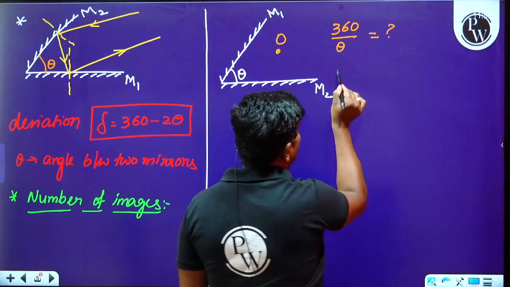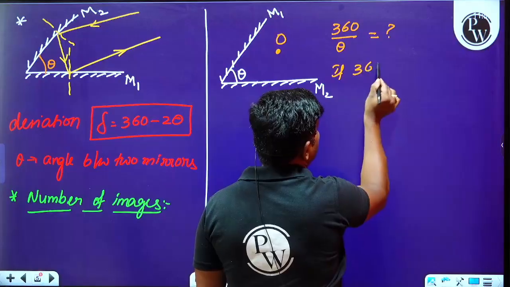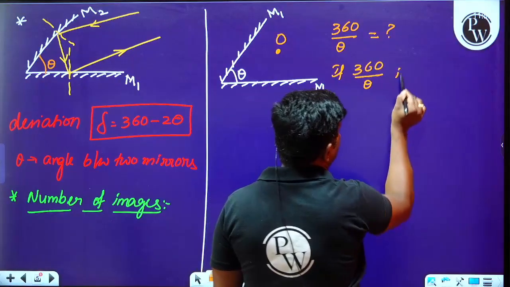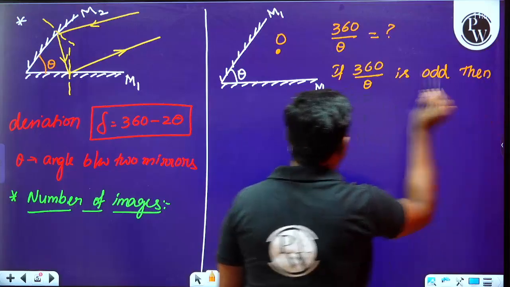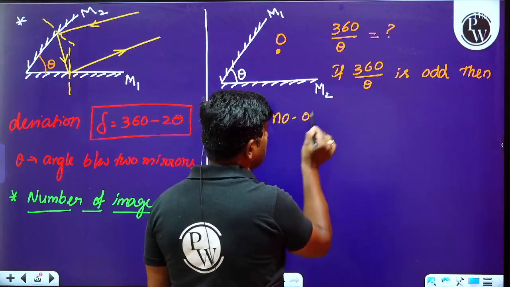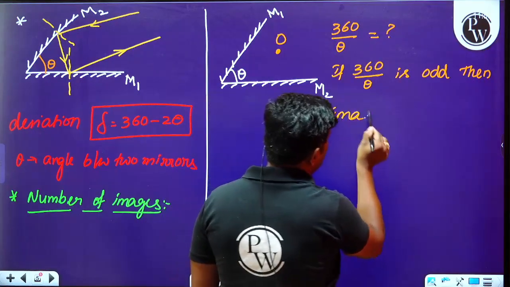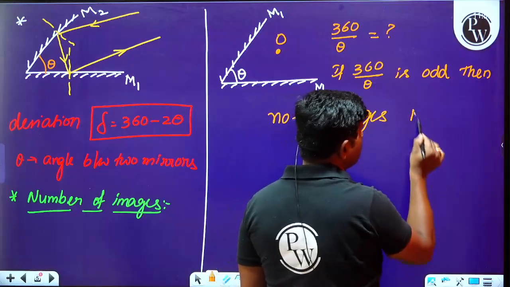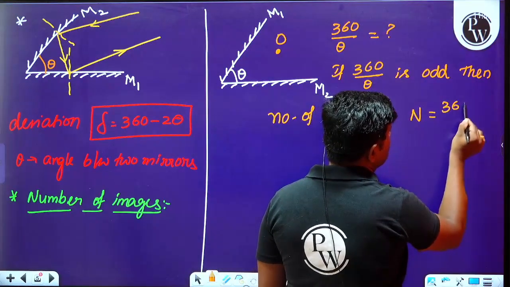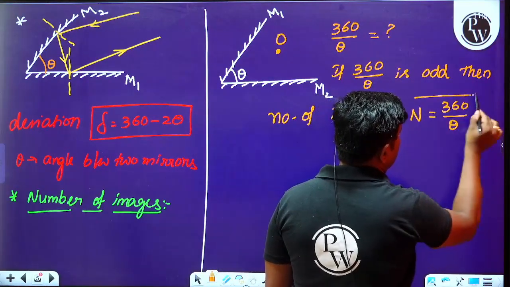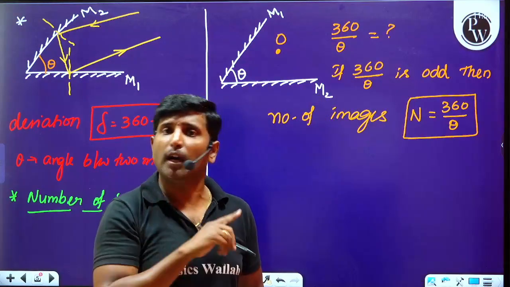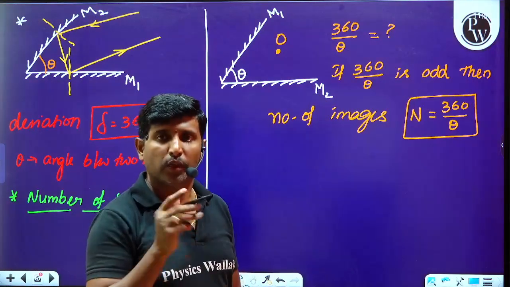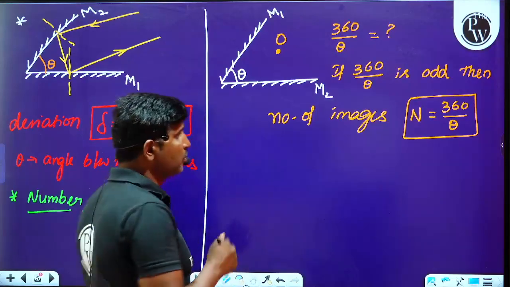Okay. Suppose if 360 by theta is odd, then we can say that the number of images formed, n, is equal to 360 by theta. If the value of 360 by theta is an odd number, then the number of images will be the same as the value of 360 by theta.